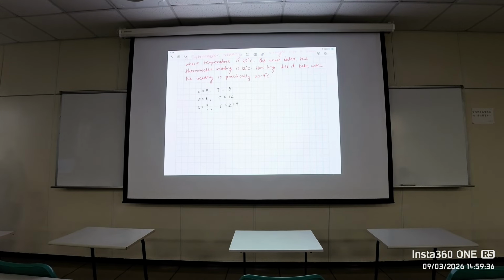What else is given? The room temperature. Let's say the room temperature, that is, let's say T0 is equal to 22.